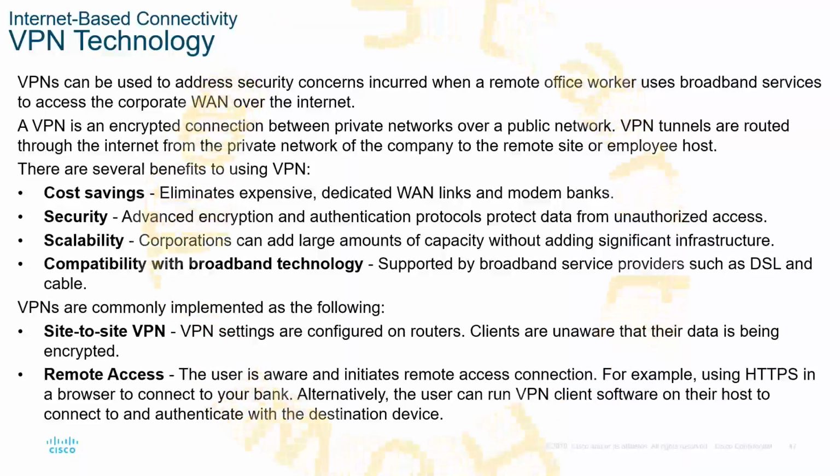Site-to-site allows us to set up a virtual tunnel between two devices through the internet and encrypting the data flow between those two devices. A remote access typically allows like a roaming user to connect to a static location, even though the mobile user's address may be changing. They will still encrypt data flow between the remote person and the static address.